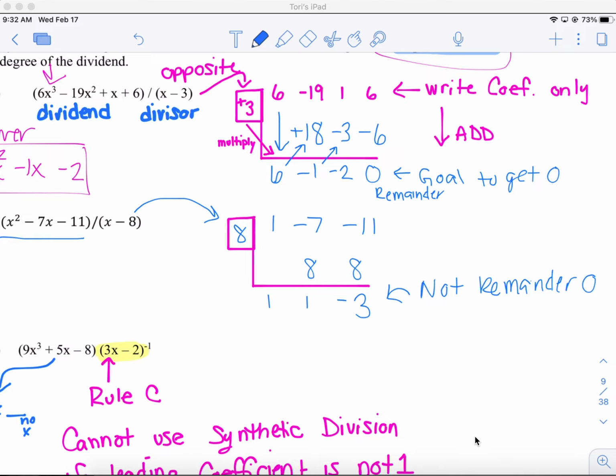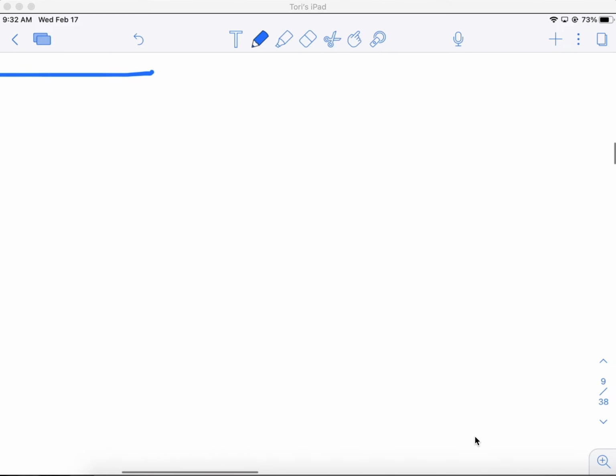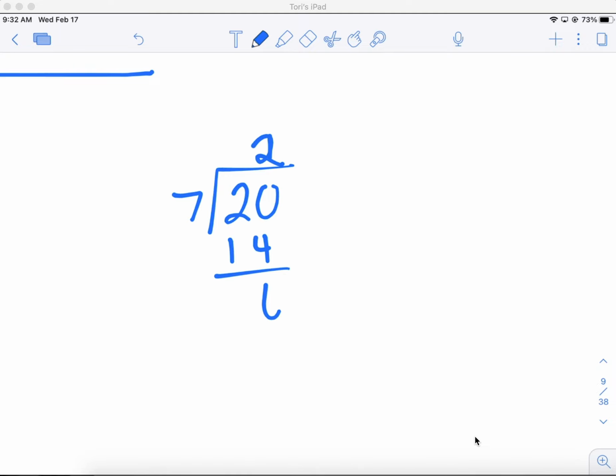Okay, so remember how, and you don't have to write this down, but I just want to show you again. Remember if I did 20 divided by 7, you would be saying it goes in 2 times, that gives 14. 6 is my remainder. And so when we would do this, we would say 2 and 6 out of 7, right?